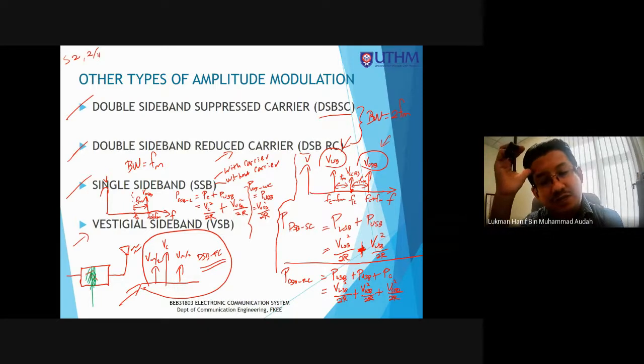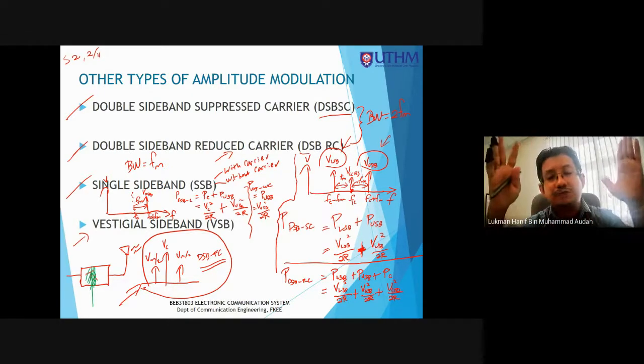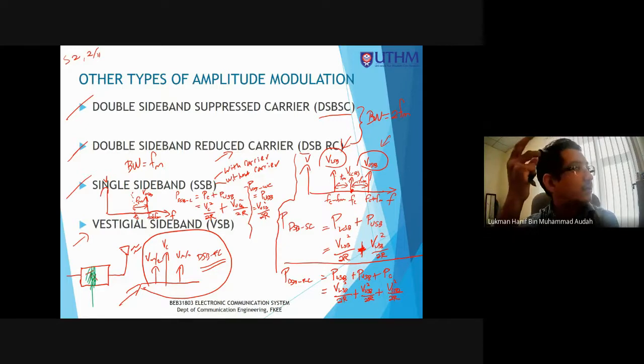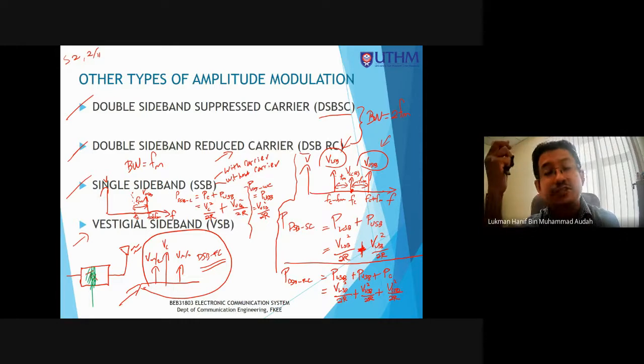So VSB, you're going to see later that Vestigial Sideband consists of two sidebands, upper and lower. But the upper and lower have different amplitudes and also differ in terms of bandwidth. Okay, so Vestigial Sideband is commonly used for television broadcasting, because television broadcasting consists of an audio signal and also the video signal.